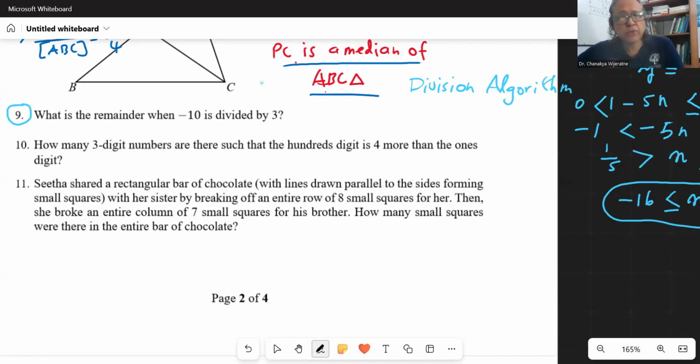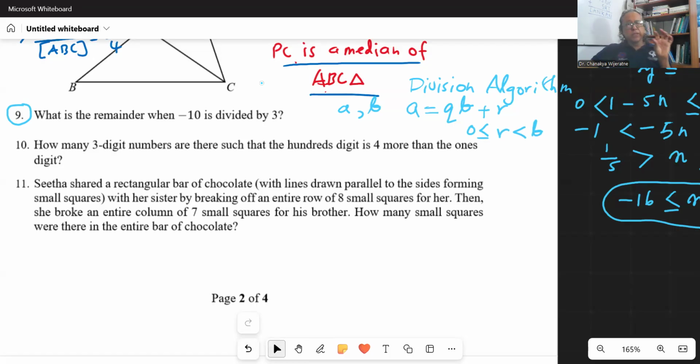Which says that if you take an integer a and a positive integer b, then if you divide a by b, we get a quotient q plus a remainder r, and the division algorithm says that the remainder r is always non-negative and it is less than b.